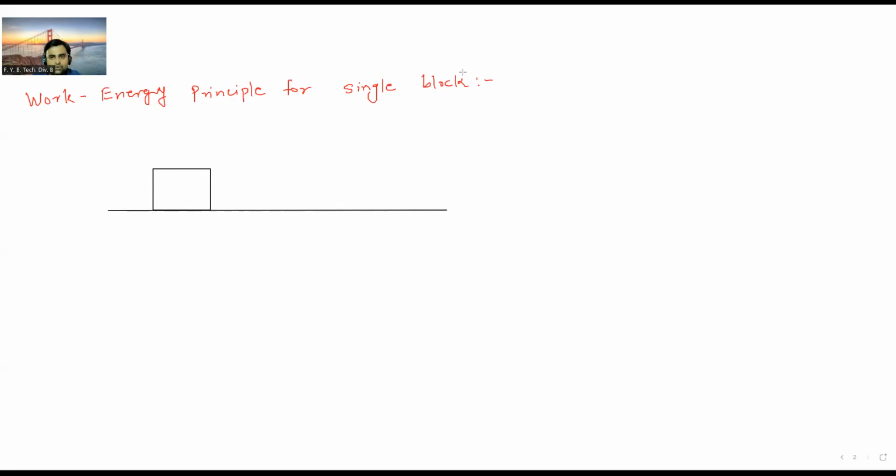Now on this box, force F is applied. The mass of the box is m, and the initial velocity is u. U is the initial velocity of the box. Okay. So when this force is applied, it will displace. Suppose the displacement of the box is s.